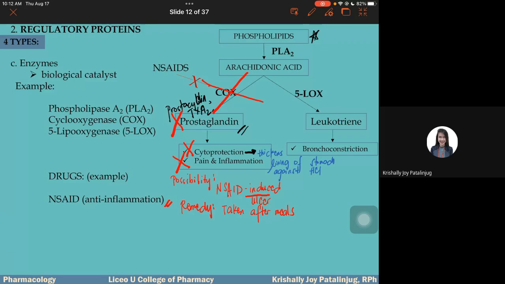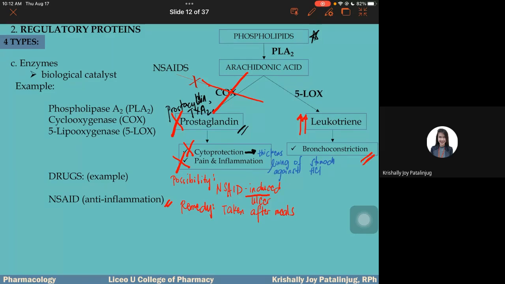We also have drugs that target 5-lipoxygenase, because there are health conditions where the production of leukotrienes could worsen conditions related to the respiratory system. For example, if the patient is asthmatic and the leukotriene level is not controlled, then it has the effect of bronchoconstriction.